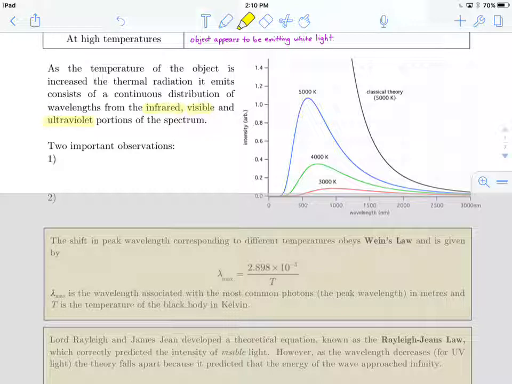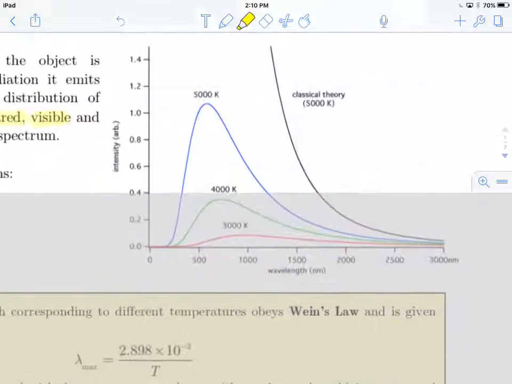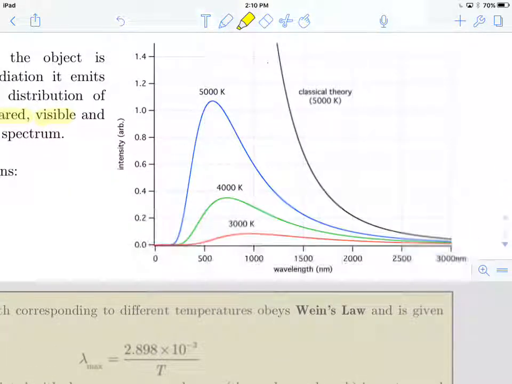Okay, if we look at this graph here in your notes, the colored bands represent what actually happens with low temperature, then medium temperature, and then higher temperature. A couple of things that are interesting to note.